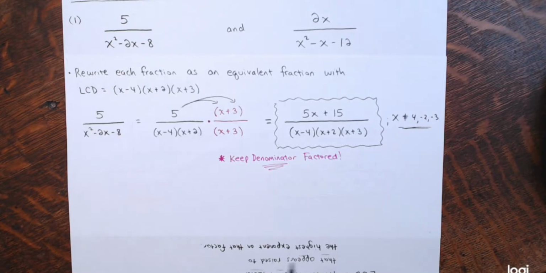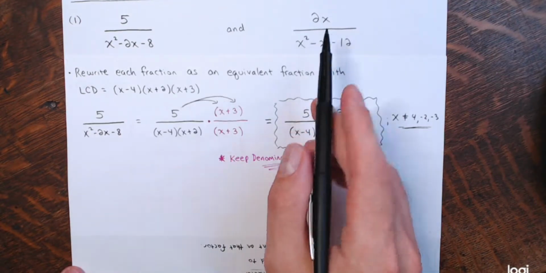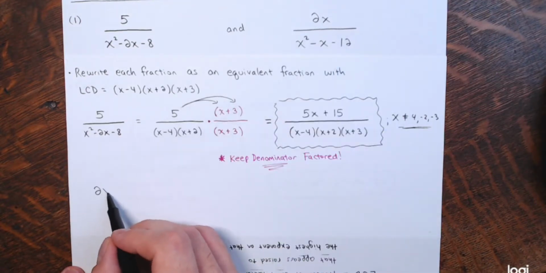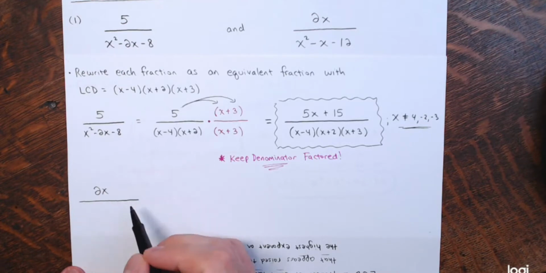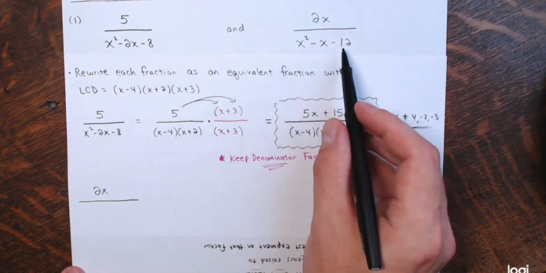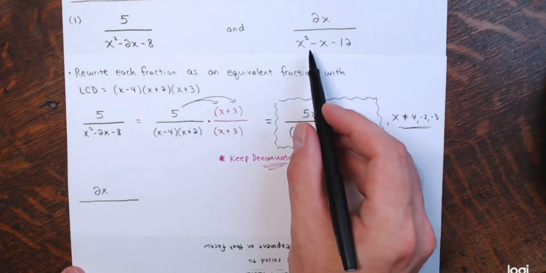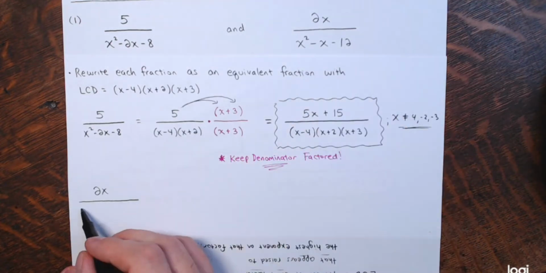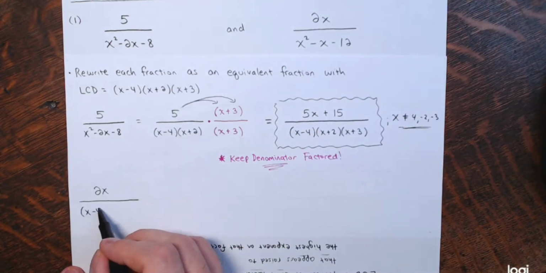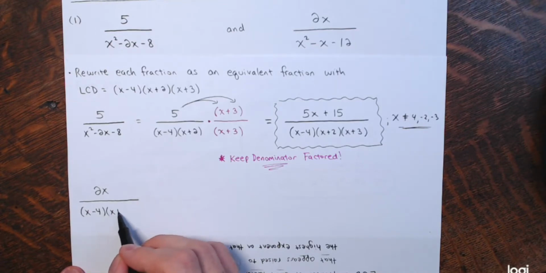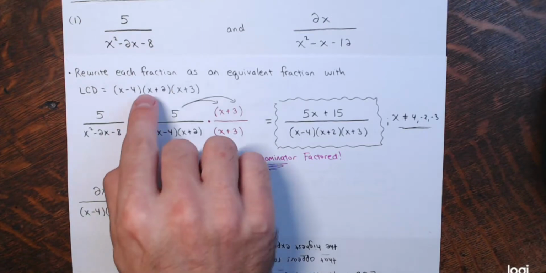Okay, so I'm doing the same thing with the other fraction. The other fraction has 2x for the numerator, and I'm just going to factor the denominator right now. The denominator of this second fraction is x minus 4 times x plus 3. Then compare this to the LCD.